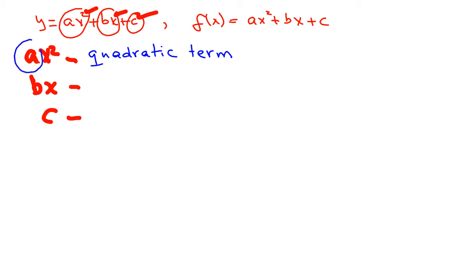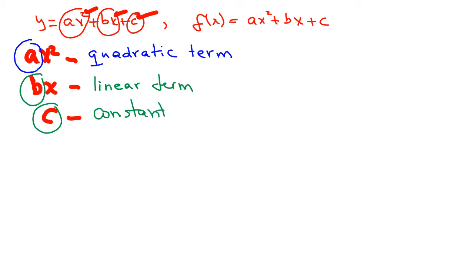And a is the coefficient of the quadratic term. Bx is going to be called the linear term, and b is the coefficient of the linear term. c is what I'm going to be calling my constant. Okay? Now, each one of these coefficients is going to have an importance in the way the graph of the quadratic function is going to be defined.